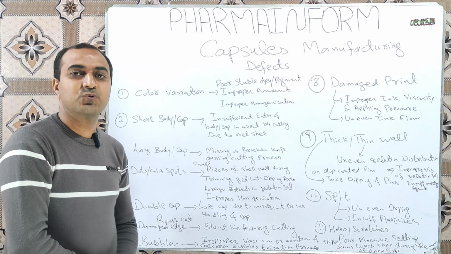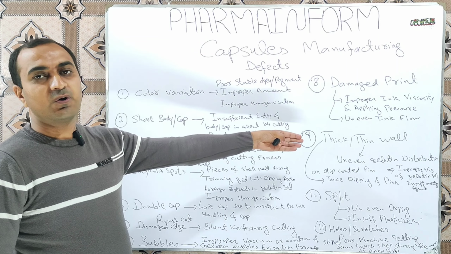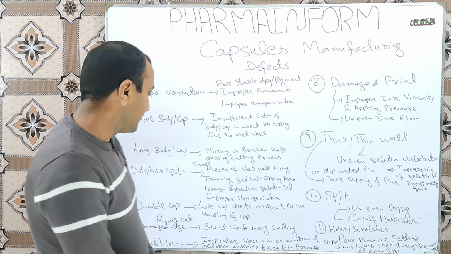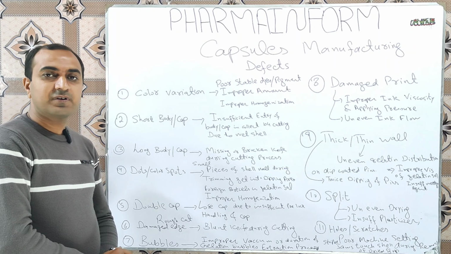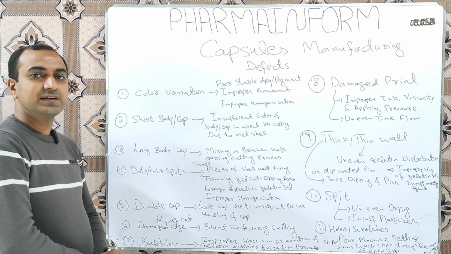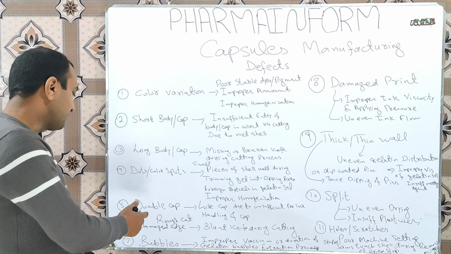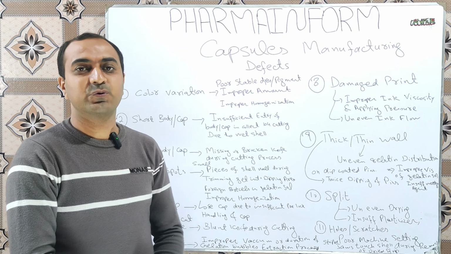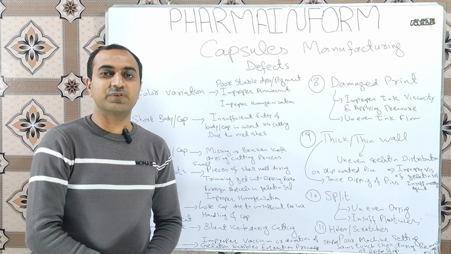There may be the capsules which contain holes, or there may be the thick wall or thin walled shells. There may be the split of the shells, and you may have also observed damaged or rough cut empty hard gelatin capsule shells, and you have also observed the bubbles on the empty hard gelatin capsule shells. So all these are the manufacturing defects. In this video, we will discuss one by one.